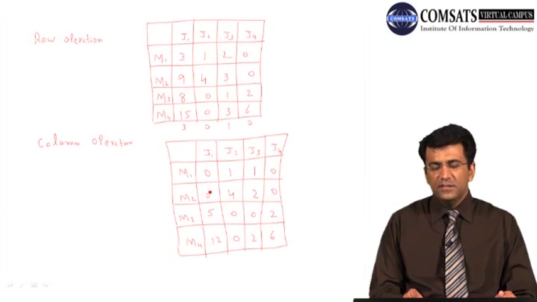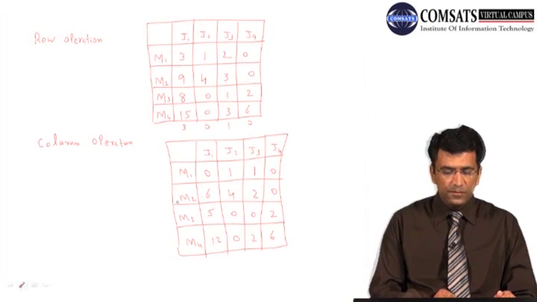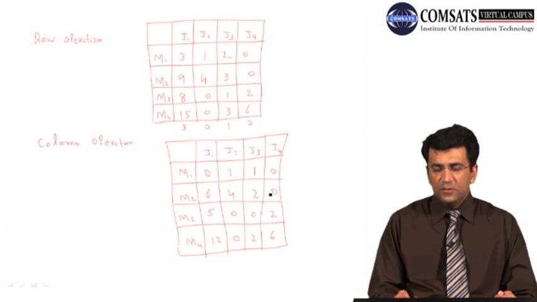Now class, this is the second row, and you can see that there is a single 0 in this row, and when there is a single 0 you can always assign that 0, so we will assign that particular 0 by squaring it, and we'll also have to cross the other zeros in the corresponding column. That is so important: you have to cross all the other zeros in the corresponding column.